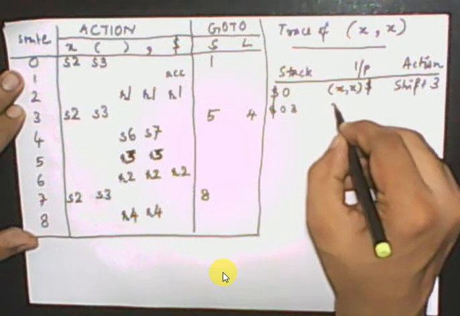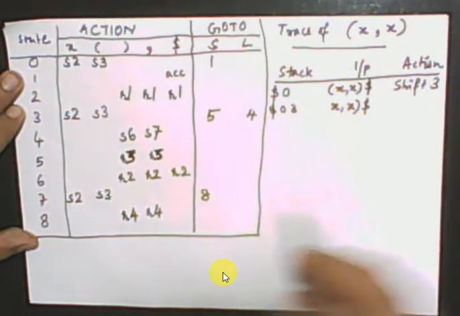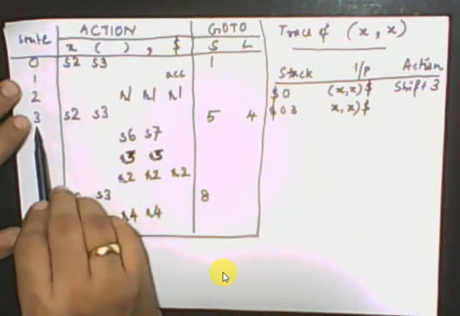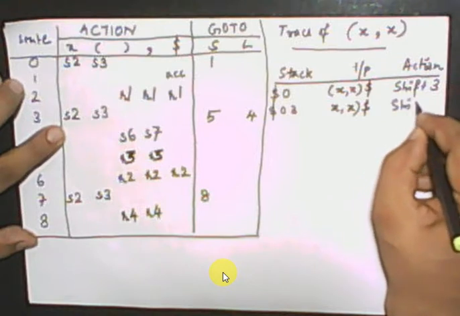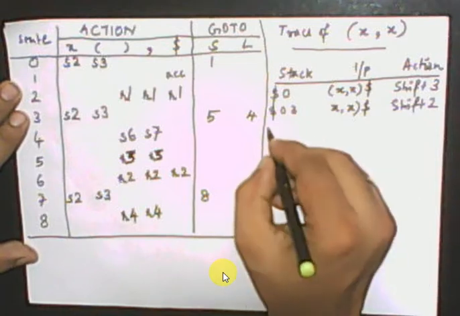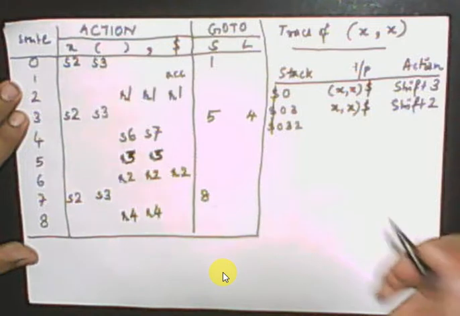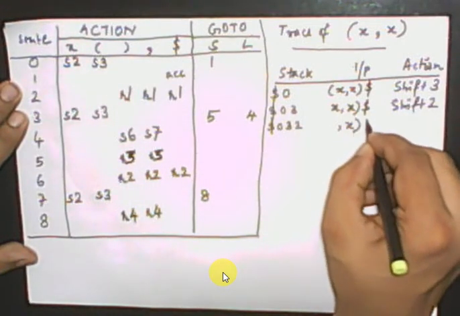So you will have x comma x right parenthesis dollar. Now we have 3 on x, you will have shift 2. So the action is shift 2. So here it is 0 3 2, and here you have comma x right parenthesis dollar.